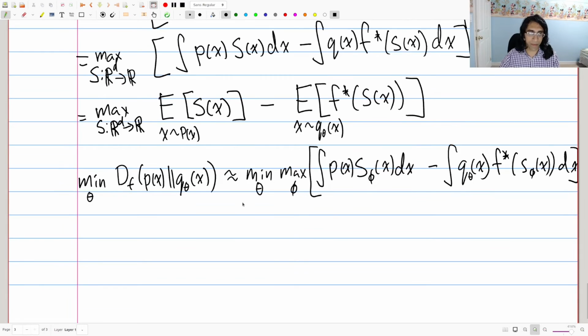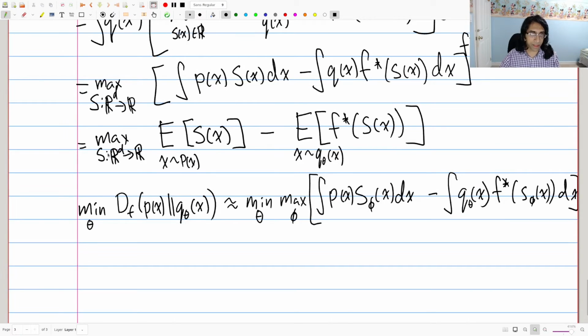You'll note that this might be a bit different from what we looked at before, in the sense that before we were looking at the max over all possible functions S. But here we're restricted in a little way, because we're not going to look at all possible functions S. We're going to optimize over all possible functions that can be parameterized by a neural network, because S phi of x is going to be some sort of neural network.